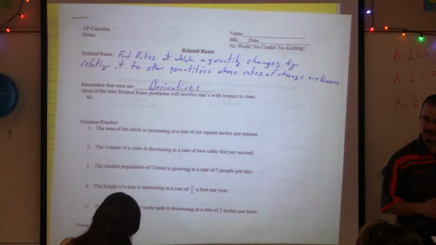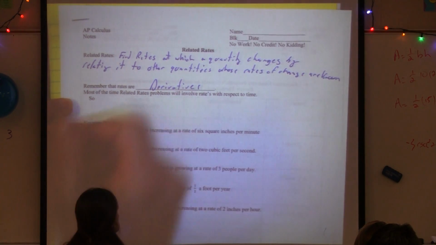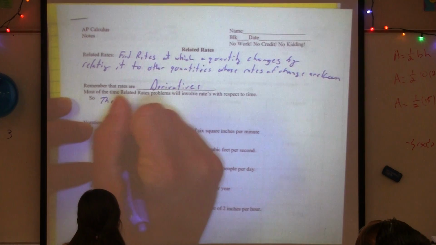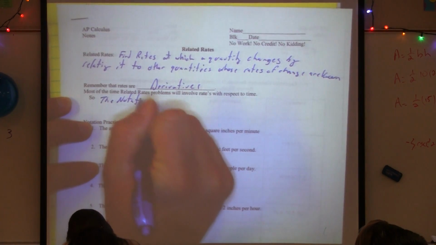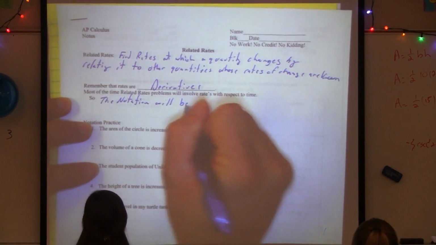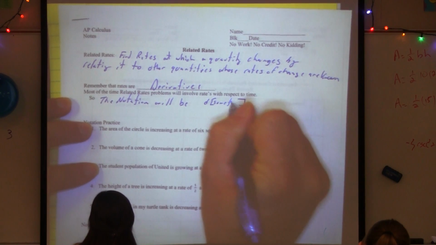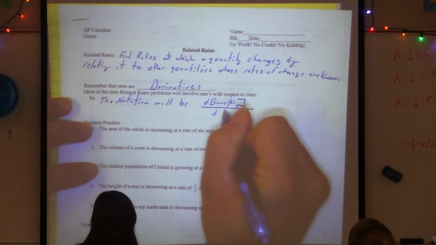So most of these examples will be with respect to time. Anytime we get the derivative, the notation will be d something over d what?